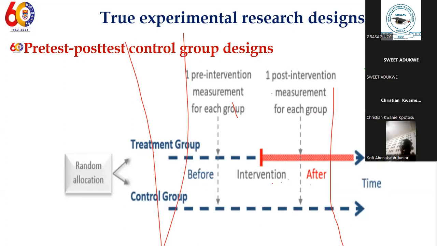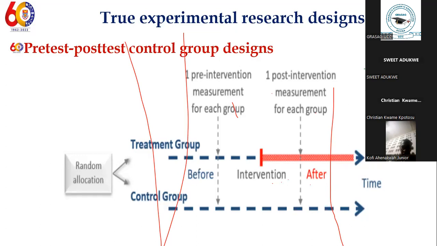Why are you using that particular experimental research design? Depending on what you are looking for, your phenomenon, what your research is all about, that will let you know whether to use true experimental or quasi-experimental. If it is true, which type of the true experimental design are you using? One is the pre-test, post-test, as the name suggests.